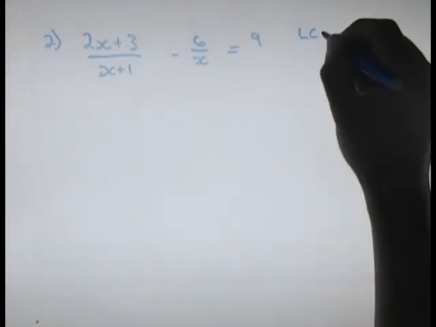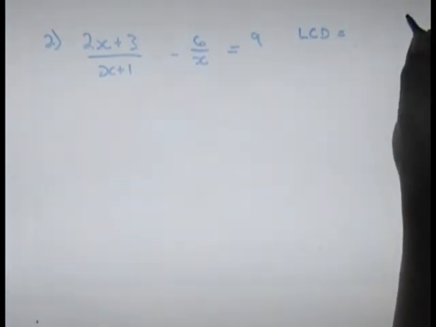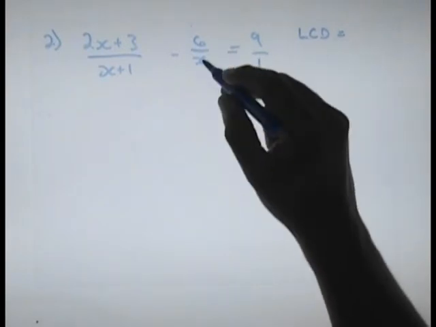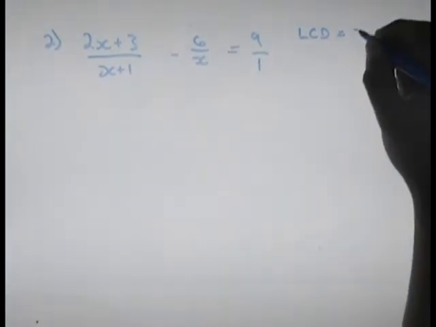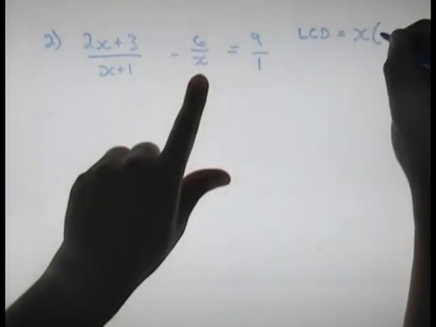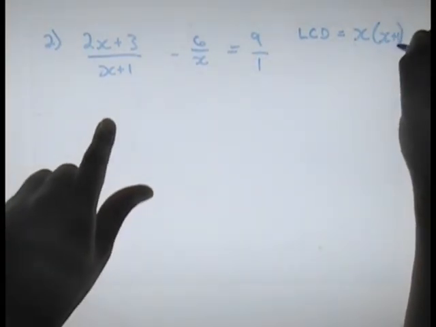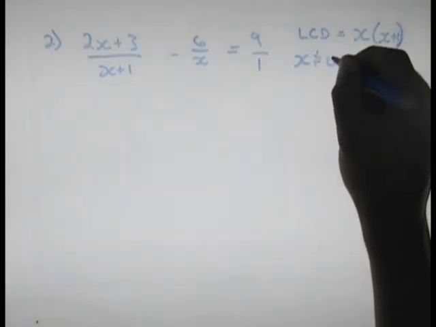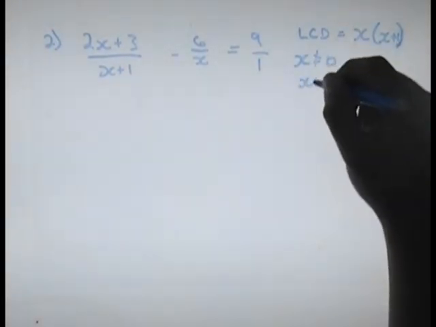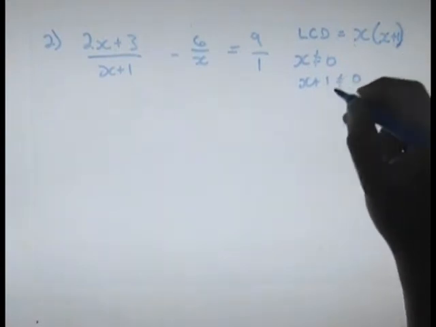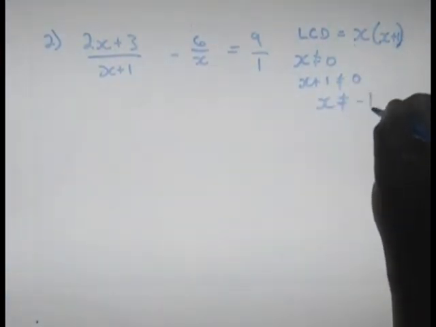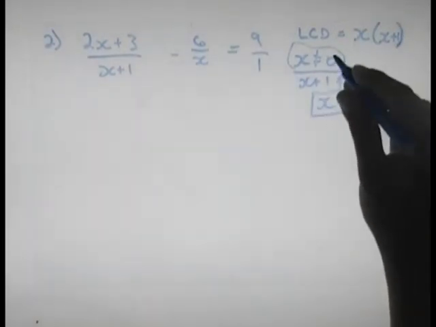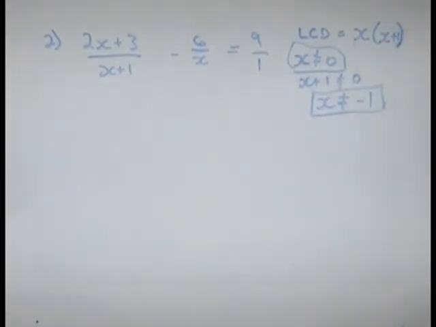My LCD in this case is equal to, notice that this is over 1, my LCD is x multiplied by x plus 1. That means that x cannot equal 0 and x plus 1 cannot equal 0. That means that x cannot equal negative 1. So my two restrictions are x cannot equal 0 and x cannot equal negative 1.